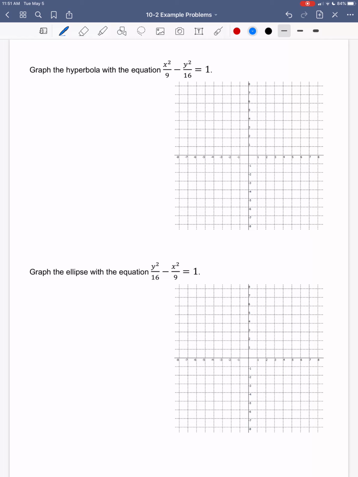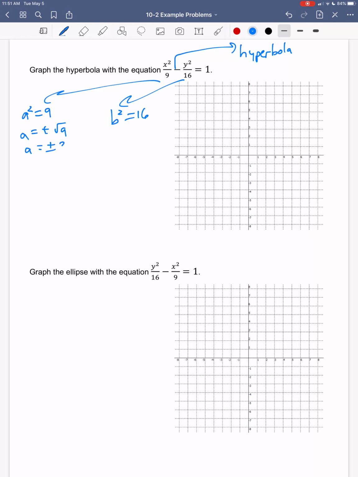For a hyperbola, again, the way I know this is a hyperbola is because it's a minus here. For a hyperbola, a is always first. So I would have here a squared is 9 and b squared is 16. So a would be plus or minus the square root of 9, which would be plus or minus 3. And that came from the 9, which is with x, so that's how far we're going to move in the x direction.